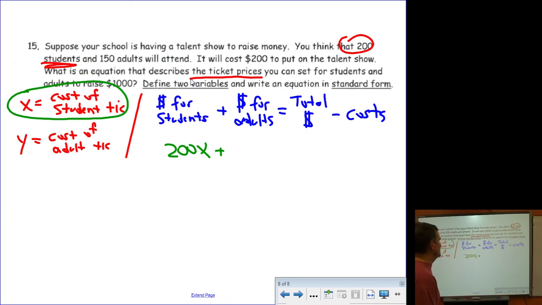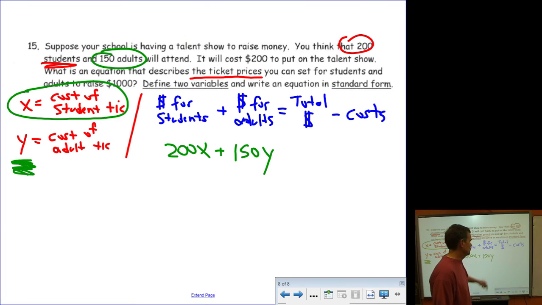Plus, same idea here. 150 adults are coming, and they're each paying Y dollars. So 150 times Y would be the total amount of money I make off of the adult tickets.